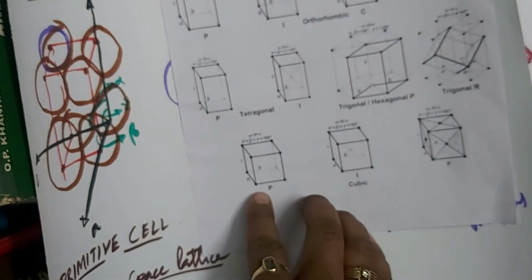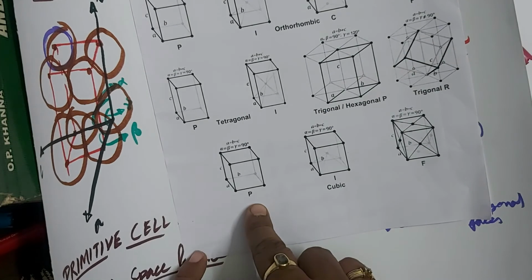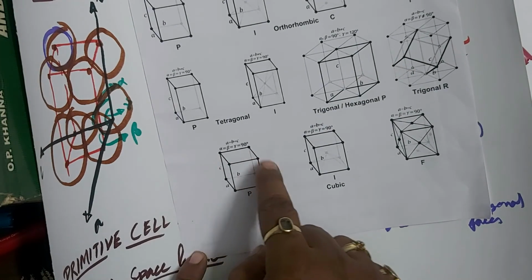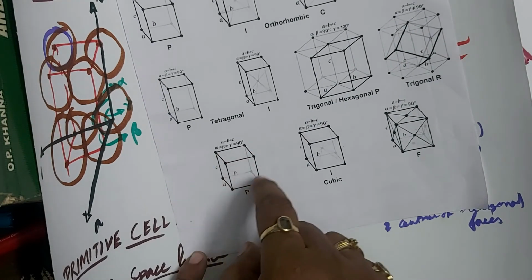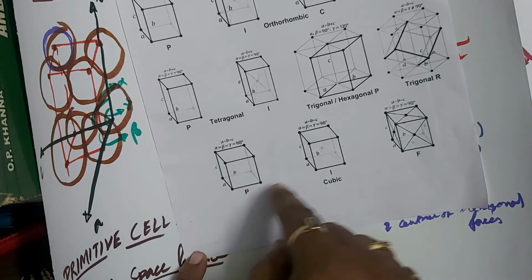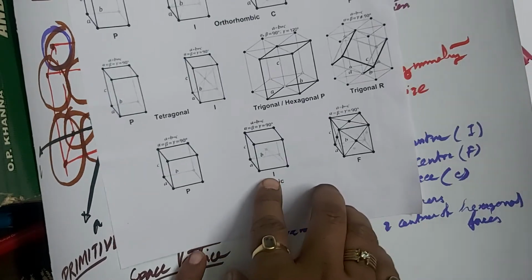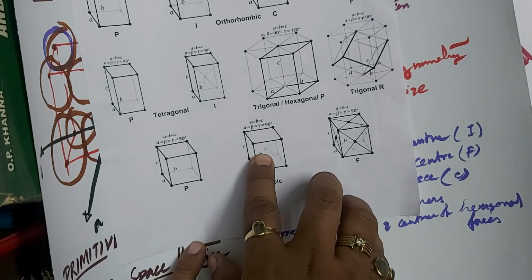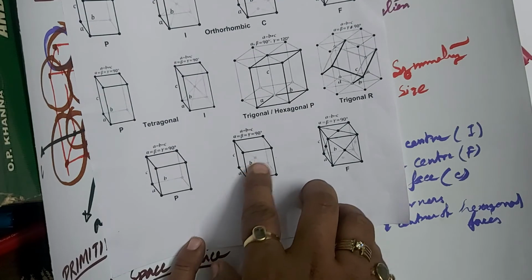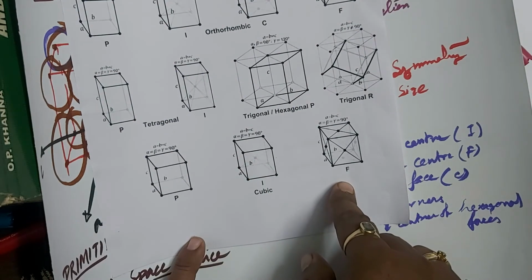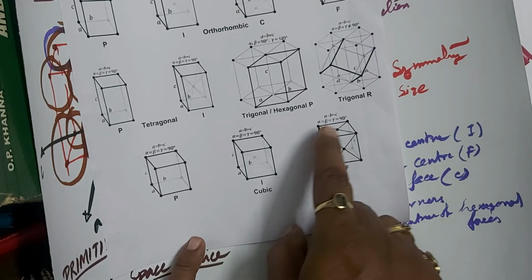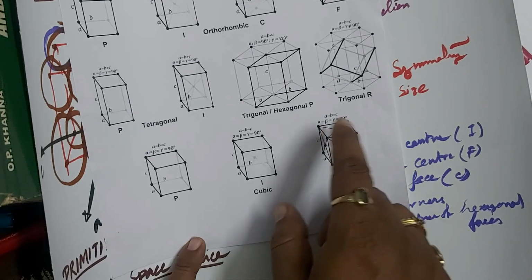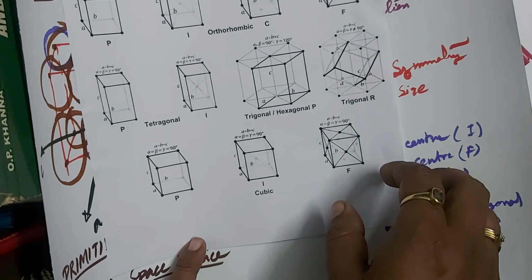Here you can see in this space lattice we have 8 atoms in the corners. I is body centered, 8 corners and one in the middle of the body. F is 8 corners and one in each of the faces.